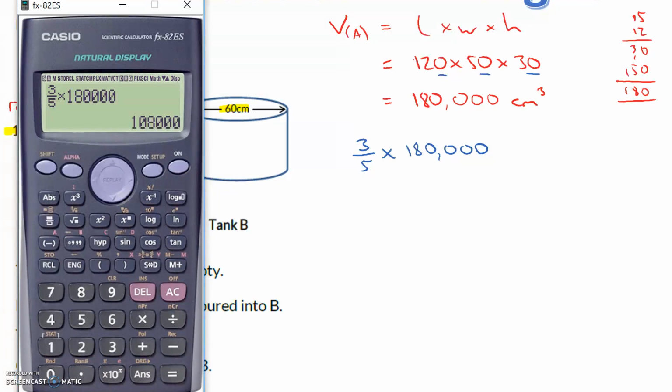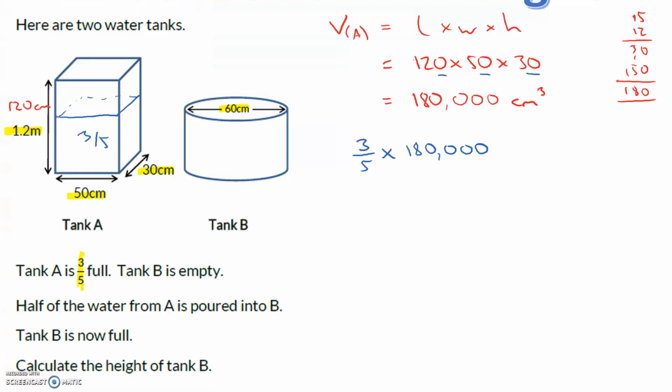Okay, so we get 108,000. That's the volume of actual water in tank A. 108,000 cubic centimetres, and that's water in A. Okay, how would I have done that with no calculator?